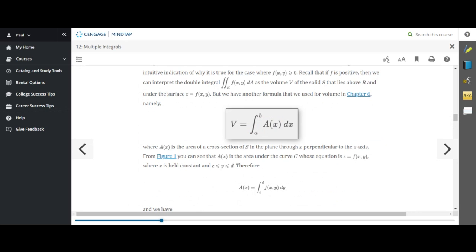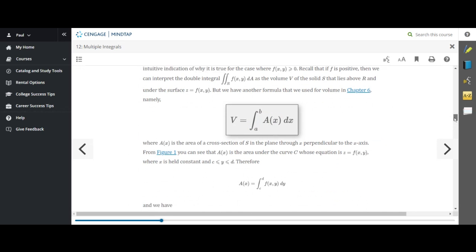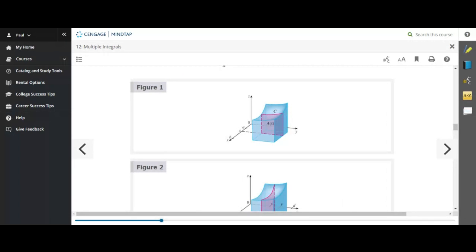That's something we teach in calculus 2 in the Stewart text in chapter 6. How many remember finding volumes of solids in calculus 2? It's something you should have seen.